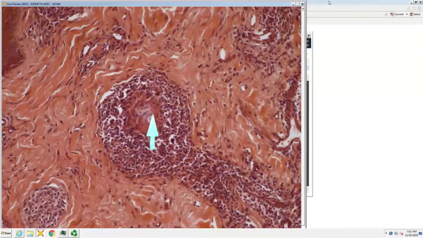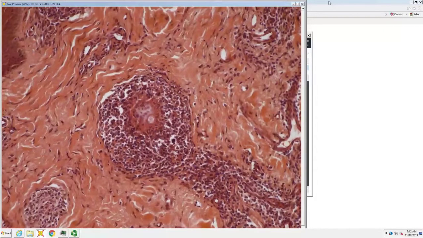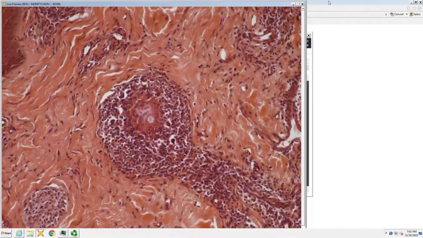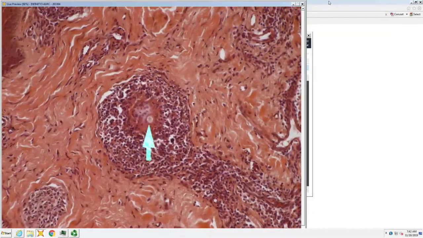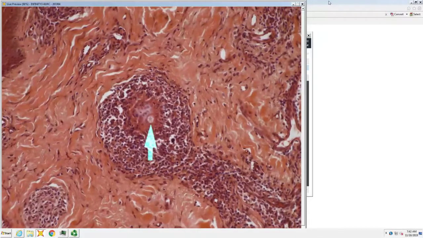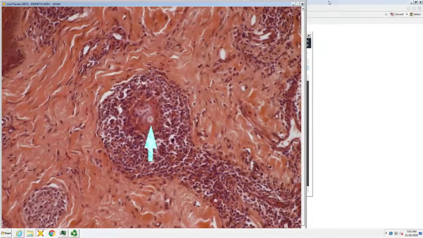Cocci has a very symmetrical wall, lacy cytoplasm with or without endosporulation. It's a larger organism, 2 to 4 times the size of blastomycosis, wall very symmetrical, whereas blasto has a distinctly asymmetrical wall.